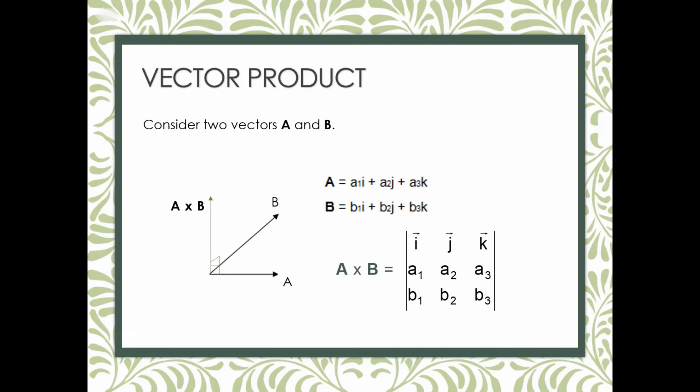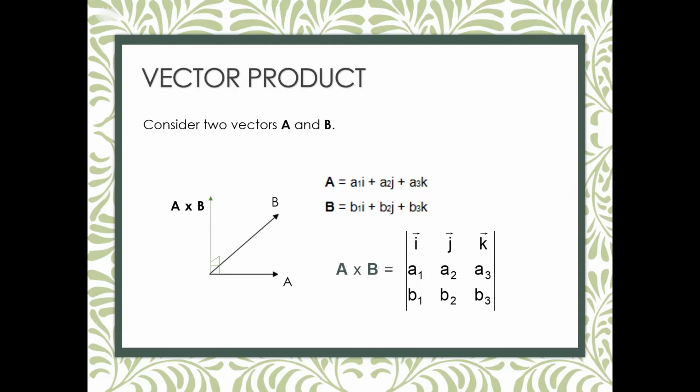The vector product can also be calculated by using the determinant of order 3, with ijk in the first row, the components of the first vector in the second row, and the components of the second vector in the third row.